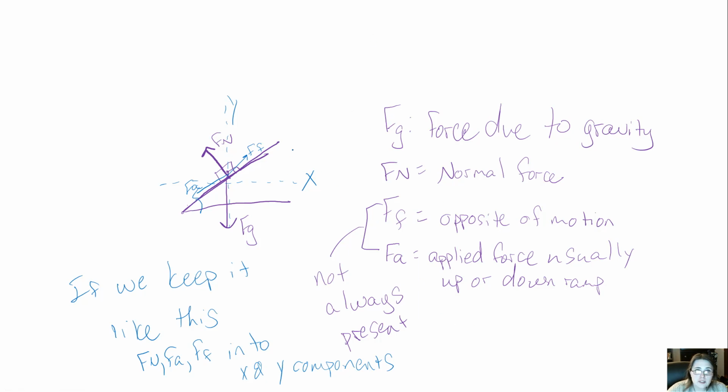So what I'm going to do instead is I'm going to change things. I'm going to draw our ramp again, but this time I'm going to change the way our axes look.